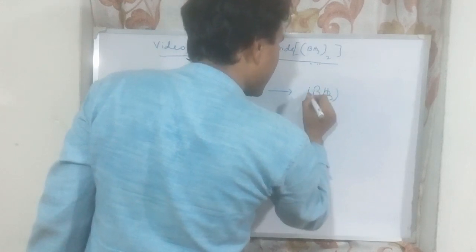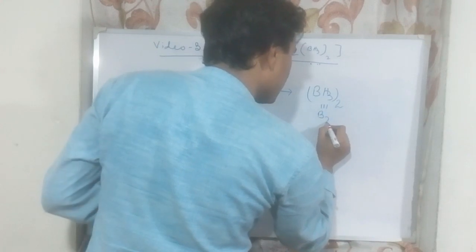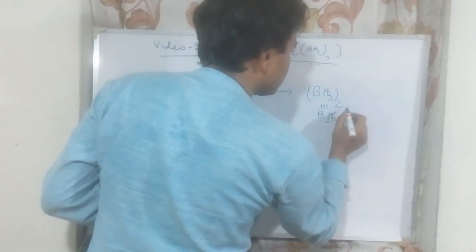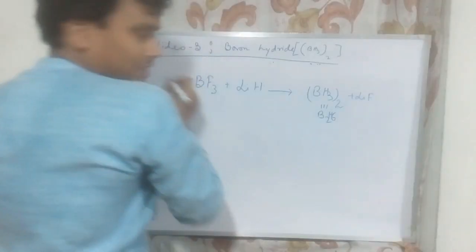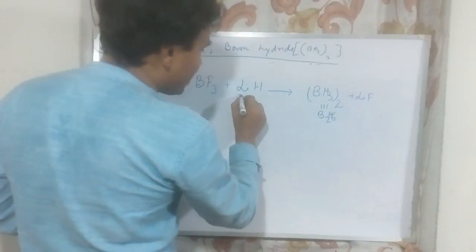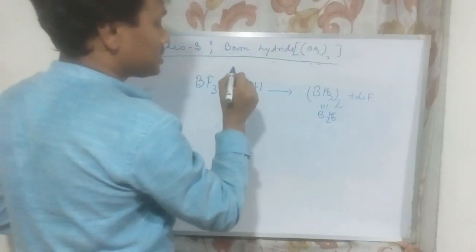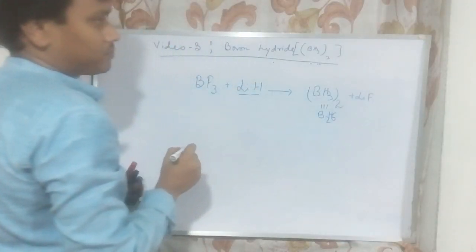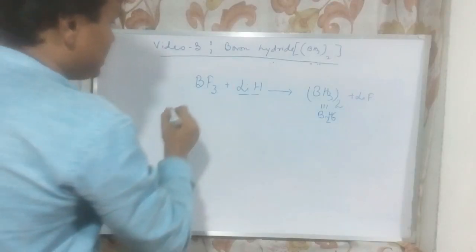Actually it produces a dimer of BH3 that is equivalent to B2H6 plus lithium fluoride. In my previous video I have mentioned that lithium hydride is a unique molecule. It's the lowest molecular weight ionic compound. Its molecular weight is 8 and it is ionic in nature.